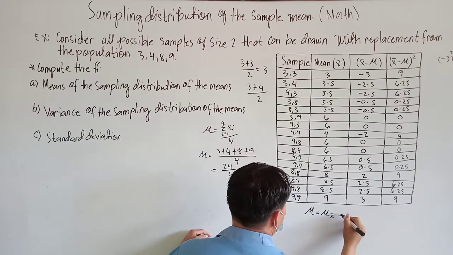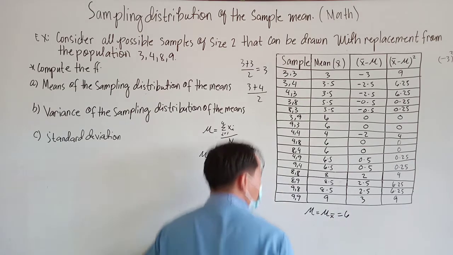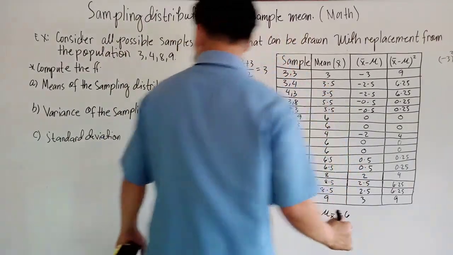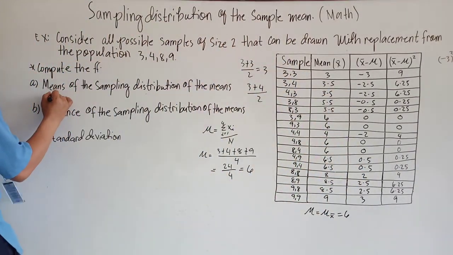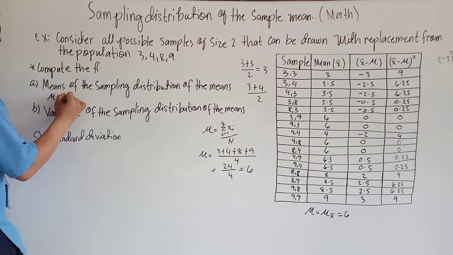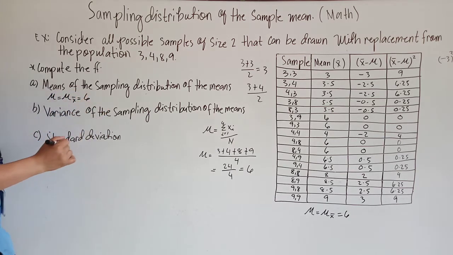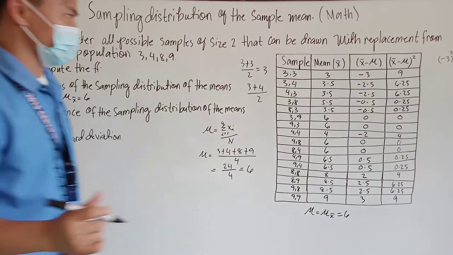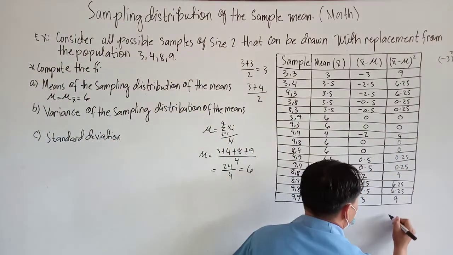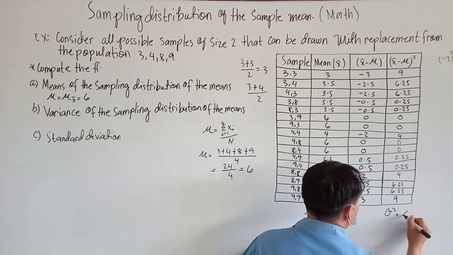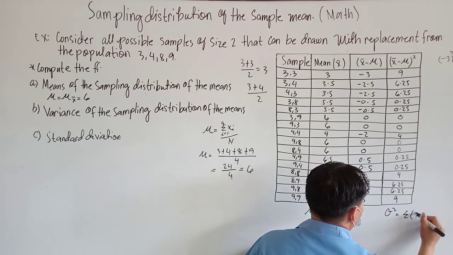Therefore, that is equivalent to 6. For letter B, the variance, sigma squared, is equal to the summation of x bar minus the population mean, squared.